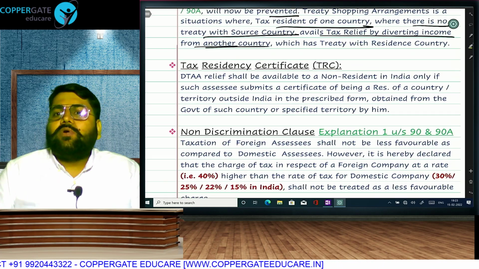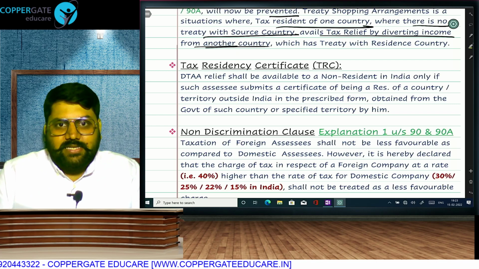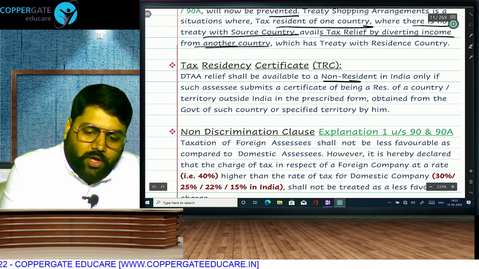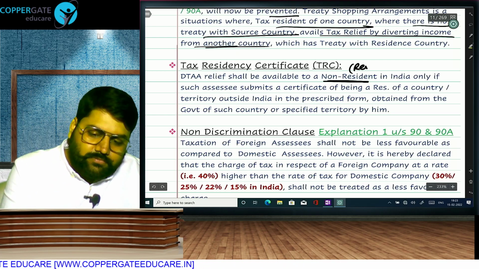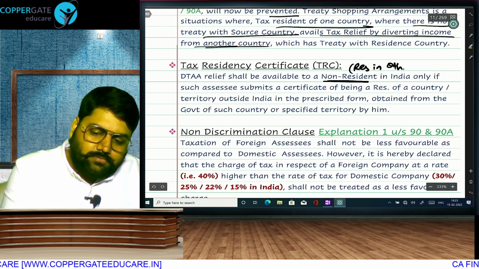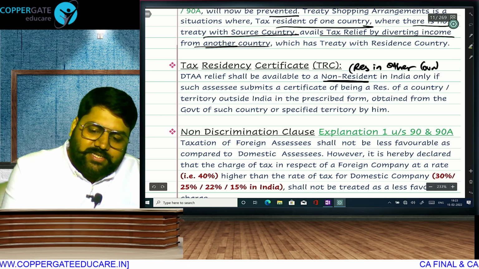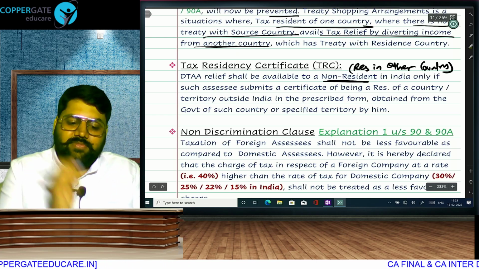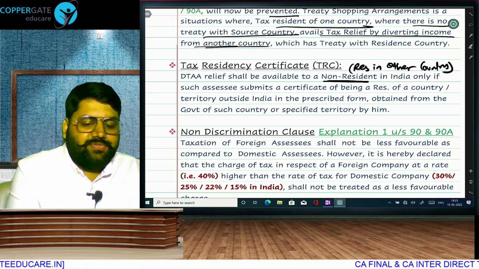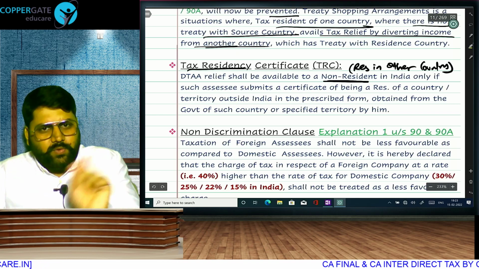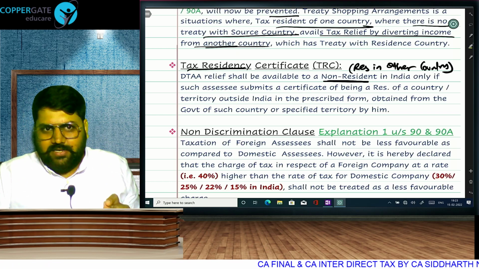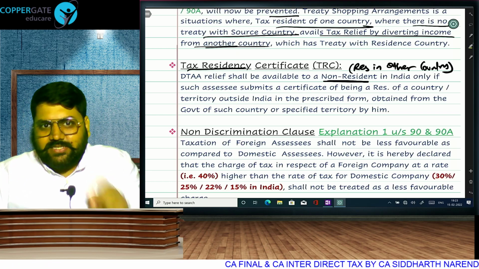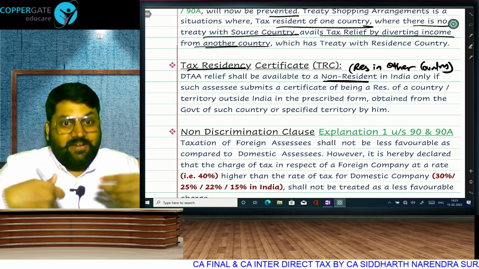Next, if you claim tax benefit because of being resident, or if you are a non-resident in India, that means you are a resident in some other country. Non-resident in India means resident in another country. Then from that country, you will have to bring this certificate, TRC. That country will give you in writing, dear India, this assessee has become resident in our country, and thus this assessee is eligible for tax relief as per our treaty with you.